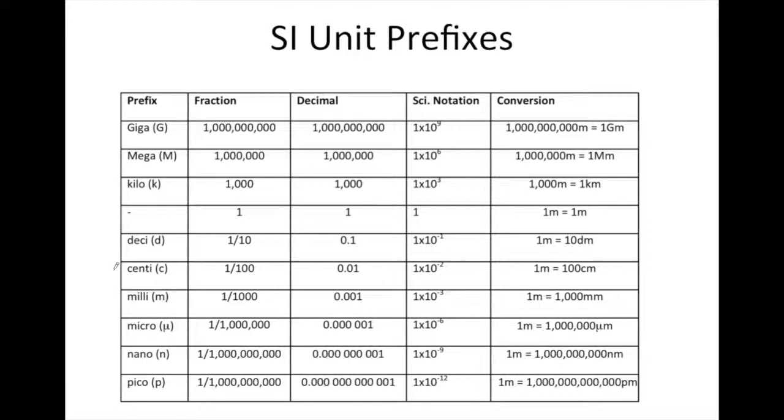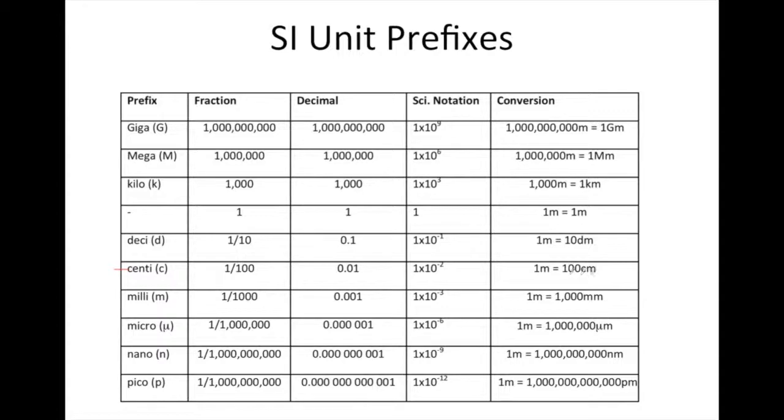Let's take a look at the centi. The prefix centi is 100th of something. So a centimeter is 100th of a meter, as we showed you just before. We could also express it a little different way.